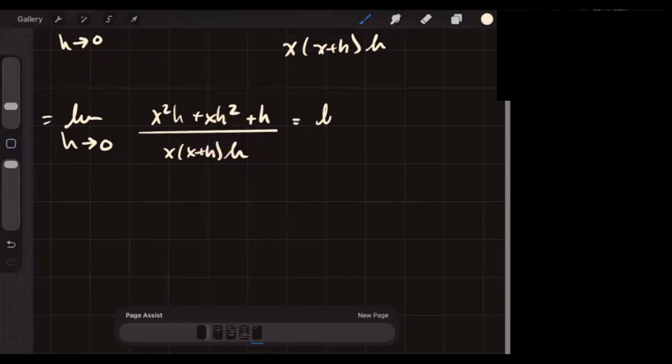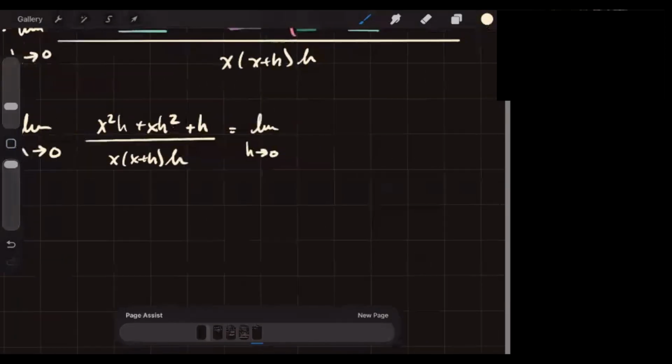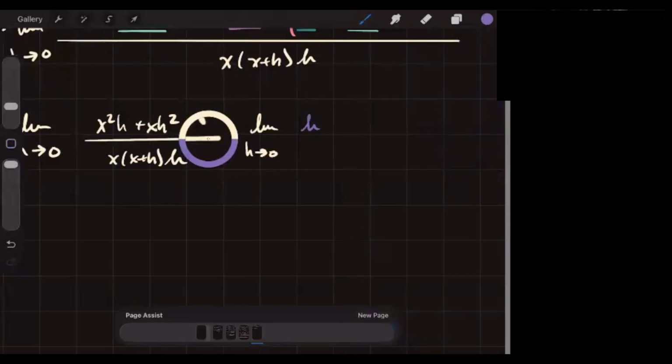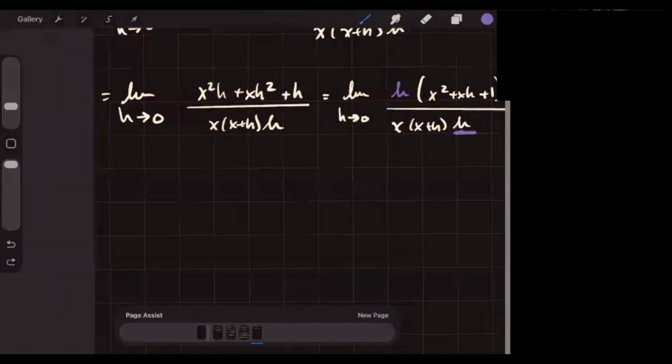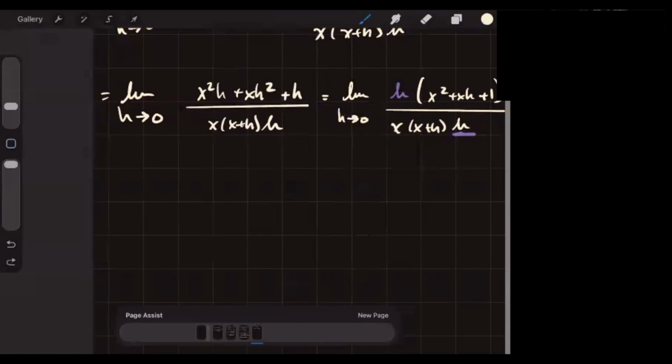And you're going to write it as the limit as h approaches 0 of h. When you factor out that h, you're left with x squared plus xh plus 1 all over x plus h. These two h's are the same, so we can cancel them out by division, right? Gives you 1.